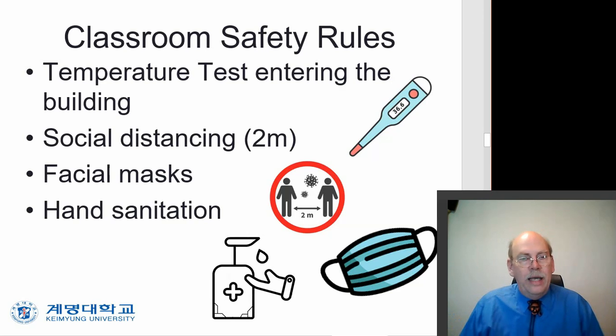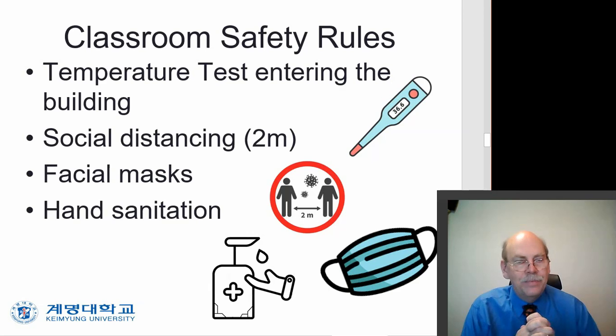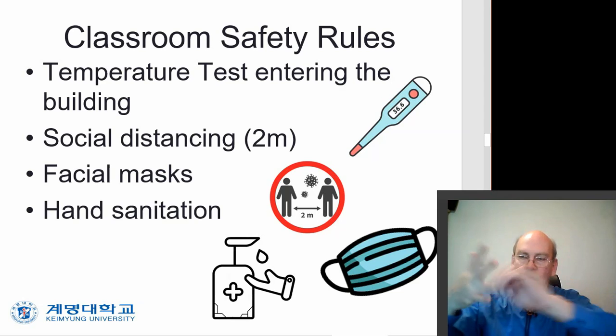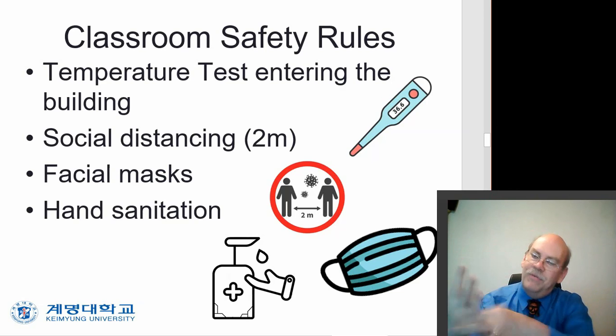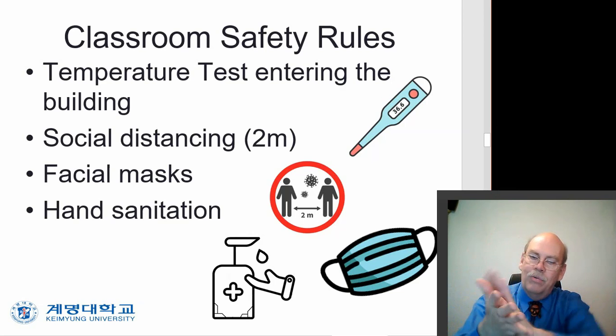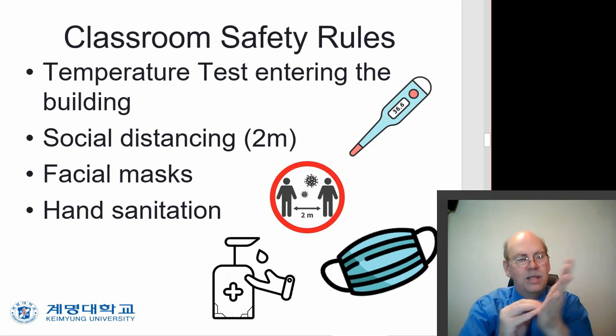And we expect good hand sanitation. The guidelines for hand sanitation are to wash your hands often with soap for 30 seconds, but also to use the sanitizer, which could be a spray or the liquid, and rub it into all parts of your hand, between your fingers, under your thumb, around the front, and both hands the same way.